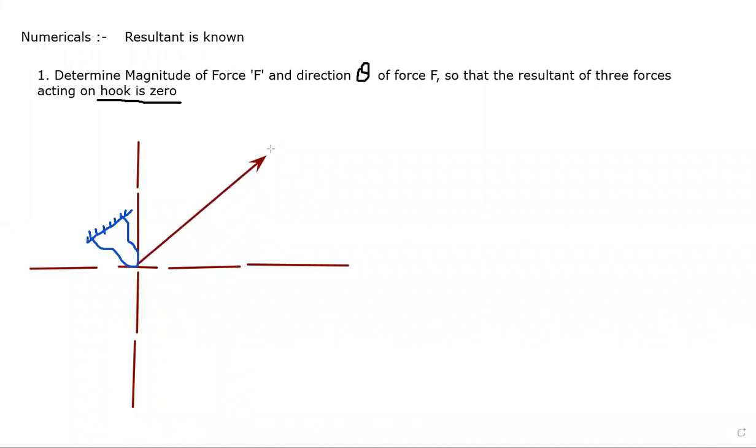From this, there are three forces. We have to find out the magnitude of force F and direction of force F so that the resultant acting on the hook is 0.